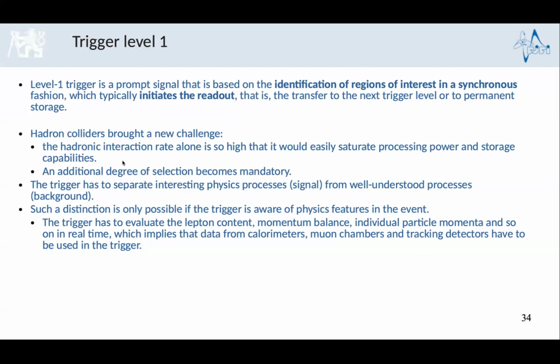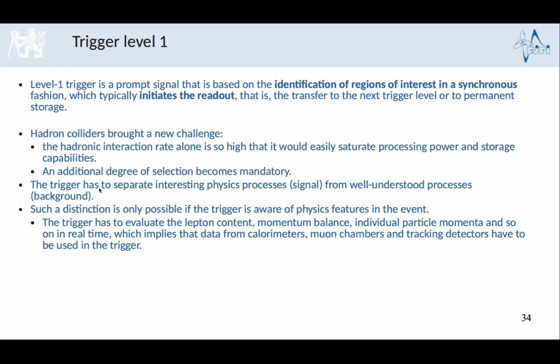So there's a lot of information from these high rates of interactions, and there's a huge amount of information that could be recorded. So then additional layers of selection should be added to make a better selection.